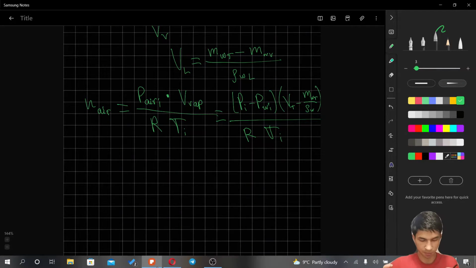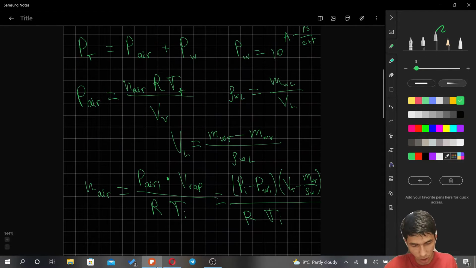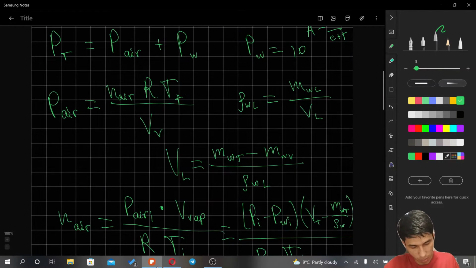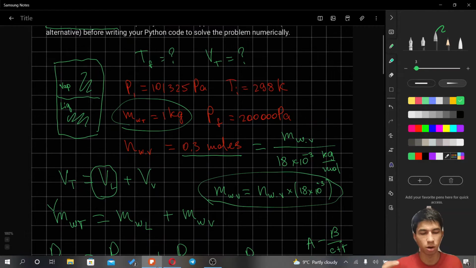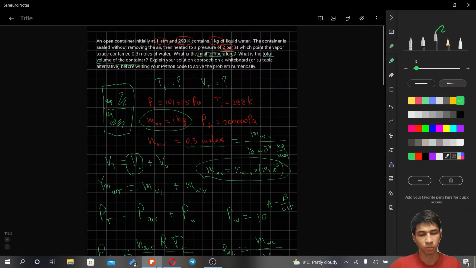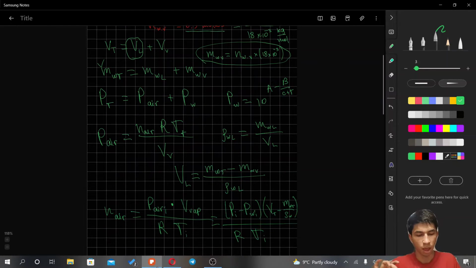And also, we might use another equation using the amount of the water in vapor phase. So we know that the amount of the water at vapor phase would equal 0.3 moles.